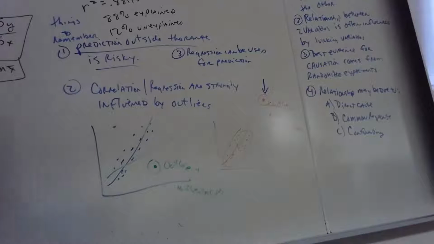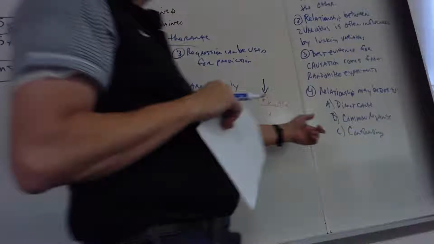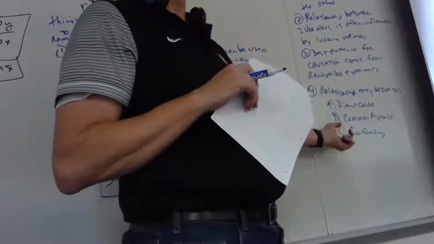Okay? Best example of confounding, do you remember the video I showed last Thursday about the ice cream and the polio? Okay? So the interesting thing about that, yeah, ice cream doesn't cause polio.